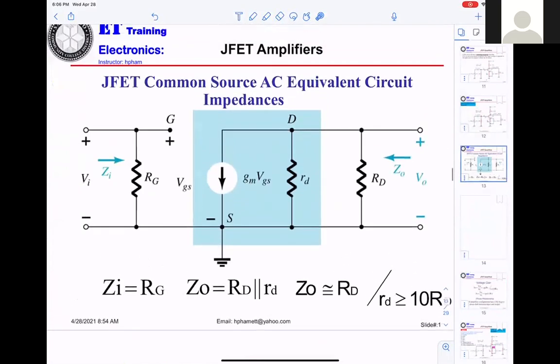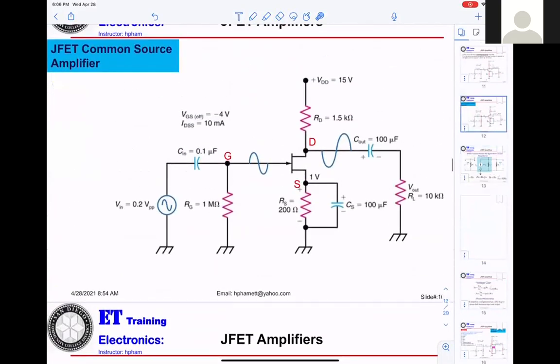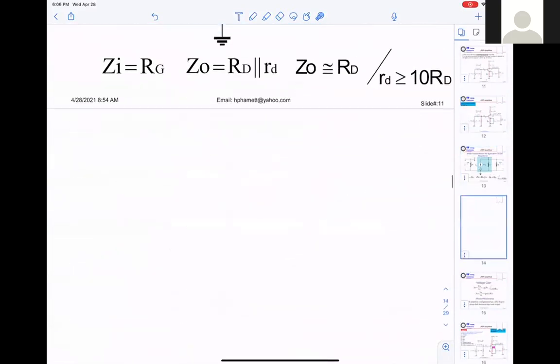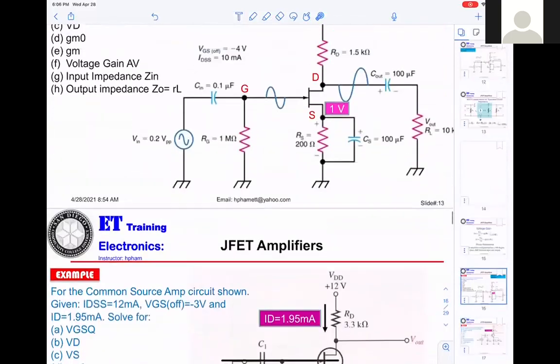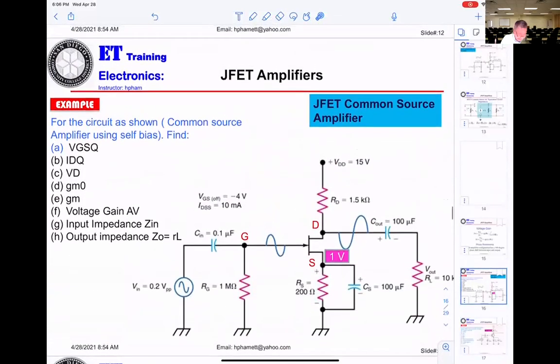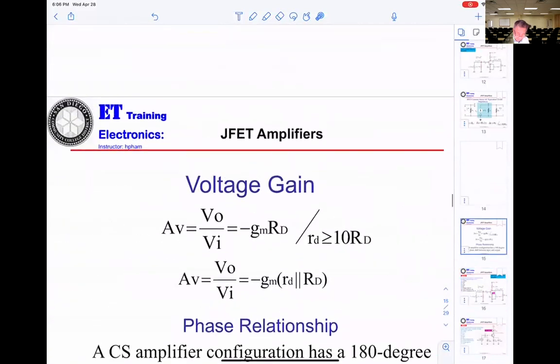Okay, see what they want. They want VGSQ and ID.